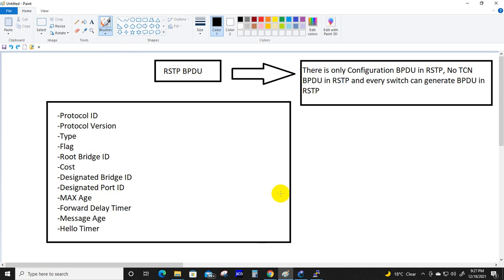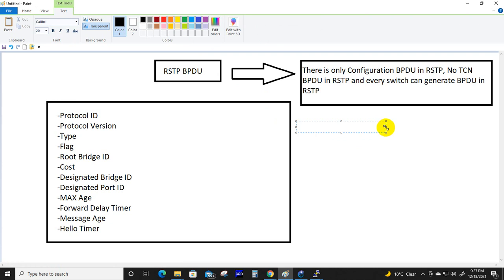In STP, what is the max age timer? 20 seconds.